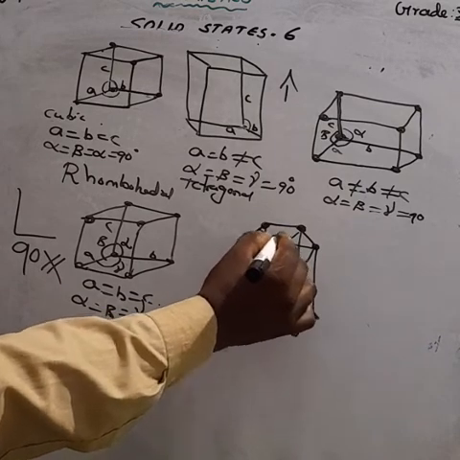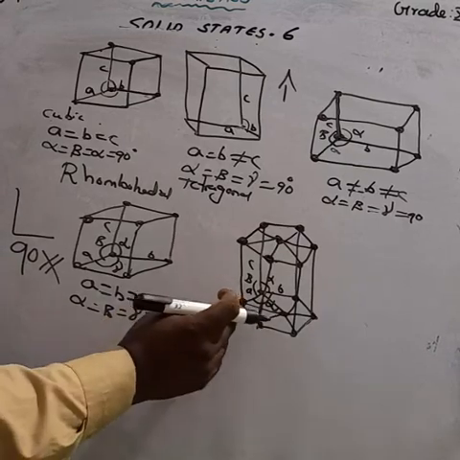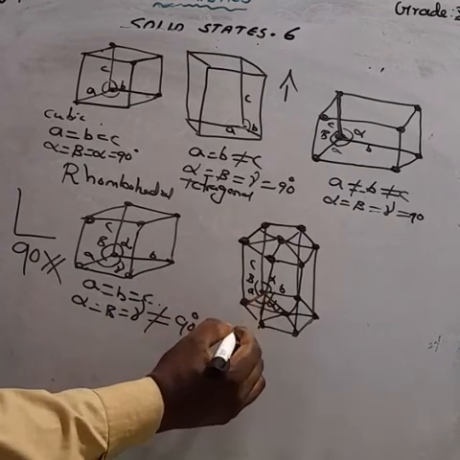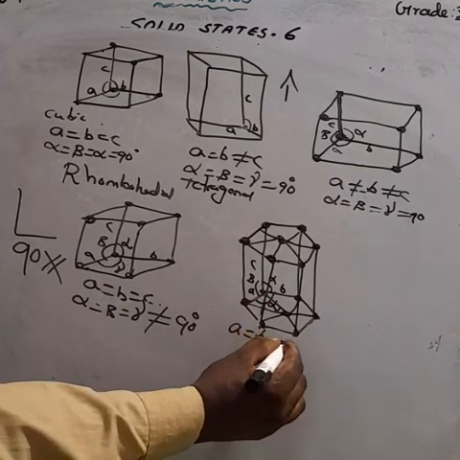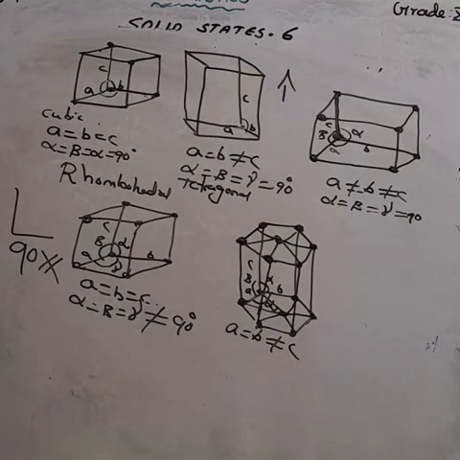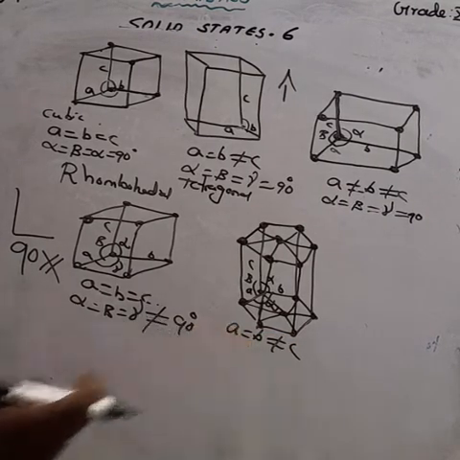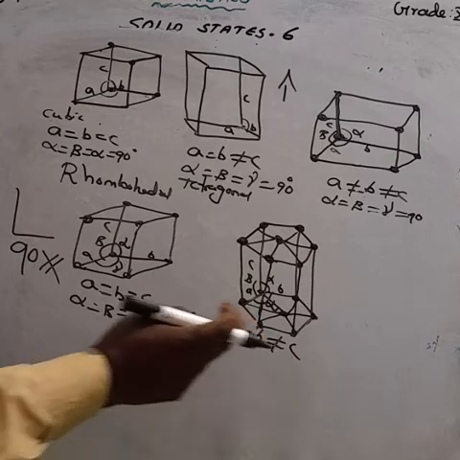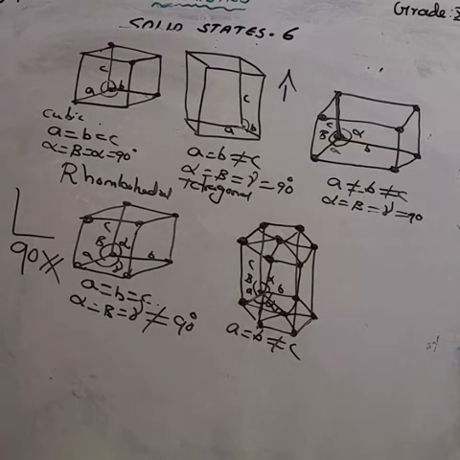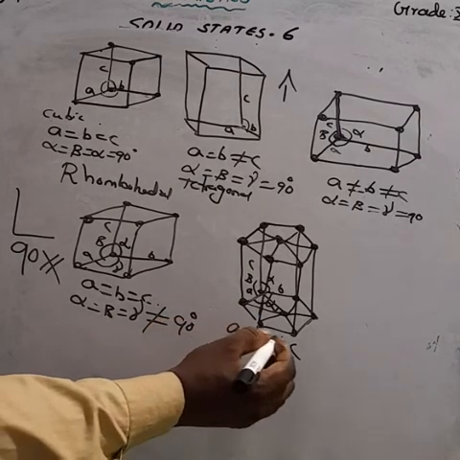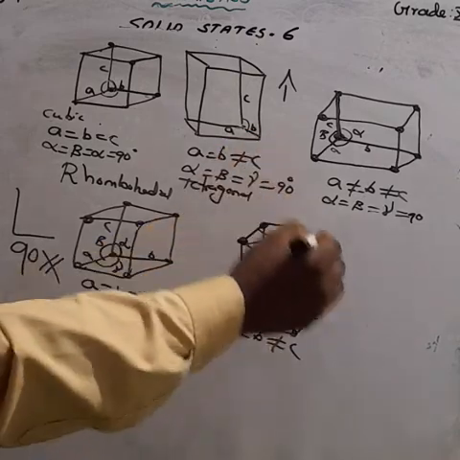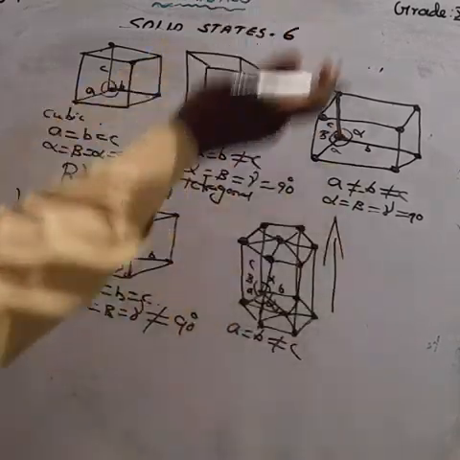Here, what about A? A is equal to B. B is not equal to C. The length A is equal to B. This is equal to this, almost equal. But C have some distance, am I right? C is not equal. B is not equal to C.